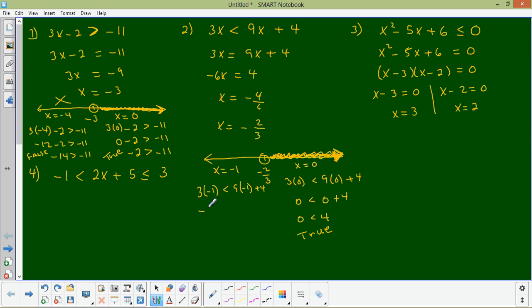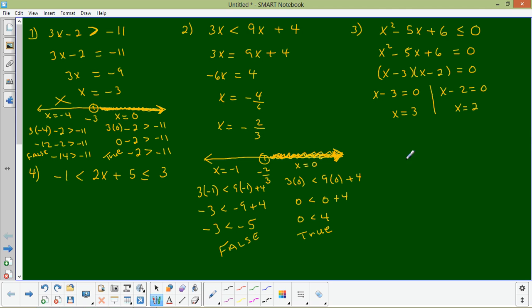And that gives me negative 3 is less than negative 9 plus 4. So I get negative 3 is less than negative 5. And so that question is, is negative 3 below negative 5? Is negative 3 to the left of negative 5? And that's a false condition. Okay?